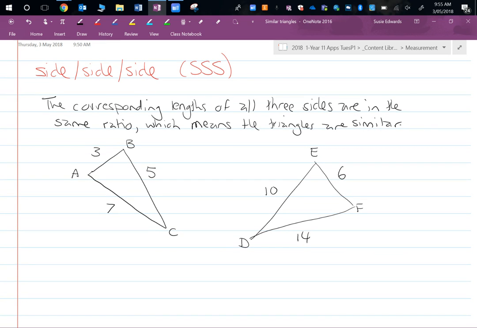We still need to prove it with the three sides. So what do you think is the first thing we need to do? We need to work out the ratios, and we need to know which are the corresponding angles or corresponding sides. So this A here, where's the corresponding point on the other triangle?